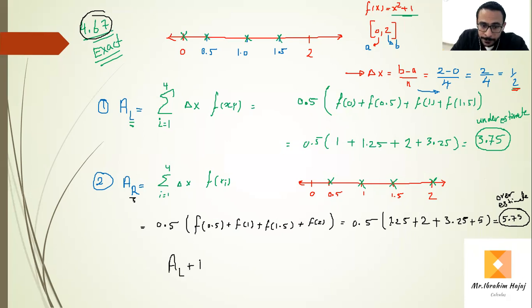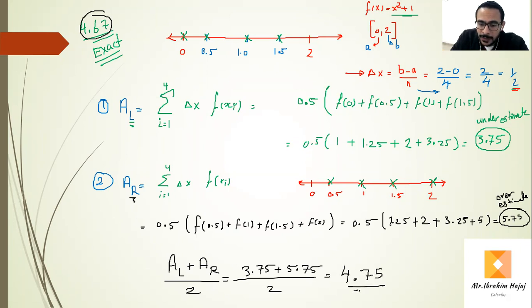Let's do it: AL plus AR, all over 2. So 3.75 plus 5.75, then divide by 2 gives 4.75, which is nearly the same as the exact answer.